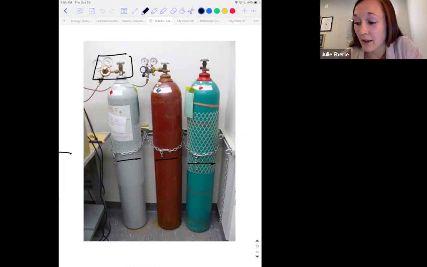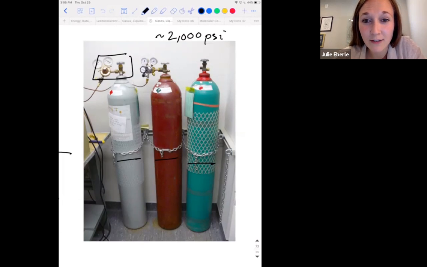Two, if they did explode, the pressure in these things can get up to 2,000 PSI or higher. If tire pressure is 34 PSI, 2,000 pounds per square inch is really, really pressurized. So if one of these were to just go off, it could probably bust through a concrete wall.